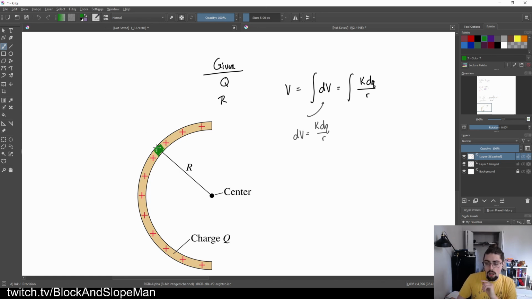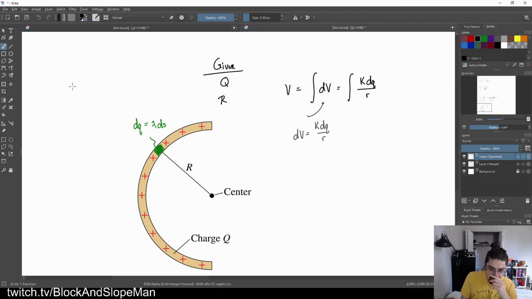If I was to talk about this piece of charge, well, I have a one-dimensional rod that's been curved into a semicircle. So what I could say is that maybe this piece has a length ds, then lambda times ds would get me there. Right? That would work.